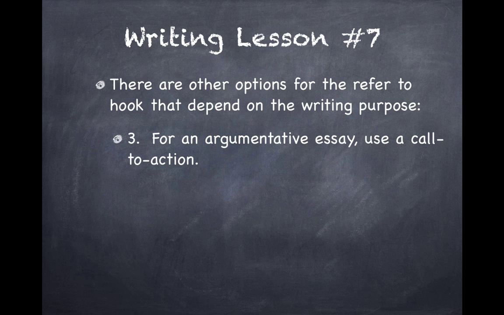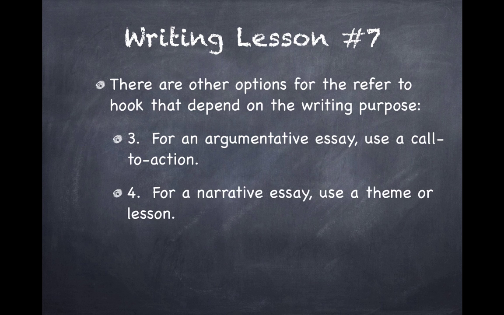A call to action is where you suggest that the reader do a certain action, and you tell them specifically what you'd like them to do. If you're writing a narrative essay and you're writing about something that you experienced or that someone experienced, you can provide a lesson or theme to tell what you or another person learned in the story.